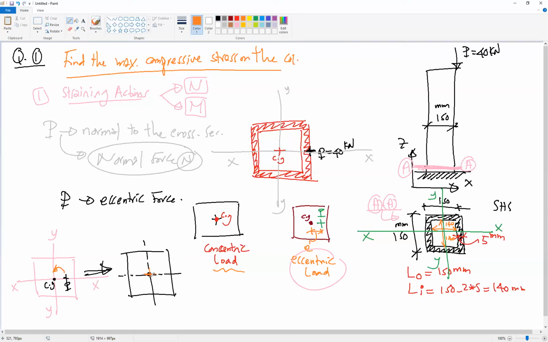So we apply the load at the CG instead of away from the CG, but we also need to add a moment due to this transfer. To move a force from a point to the CG, we need to apply the load and an additional moment. This moment M will be in this direction. This moment will be equal to the force P multiplied by the distance we transfer, E. So if the distance is E, the new moment will be P multiplied by E.